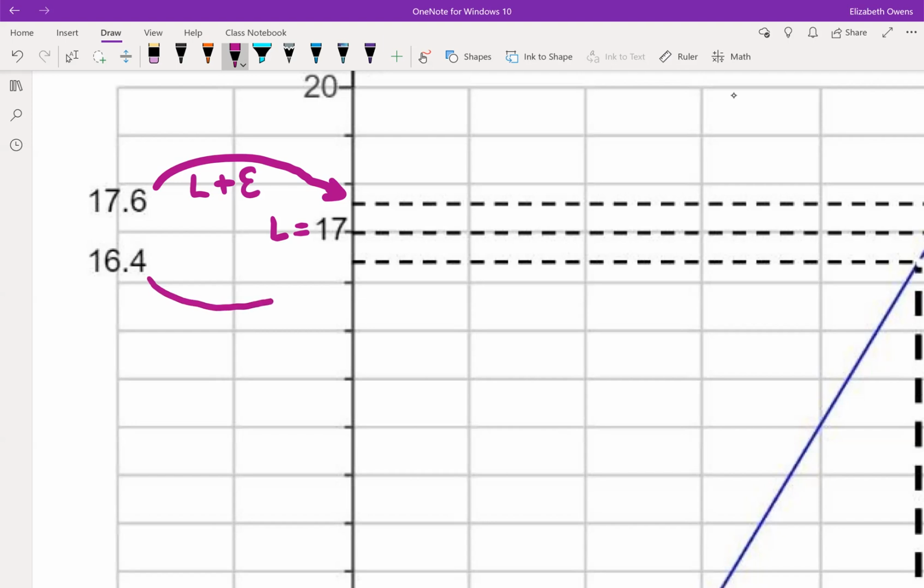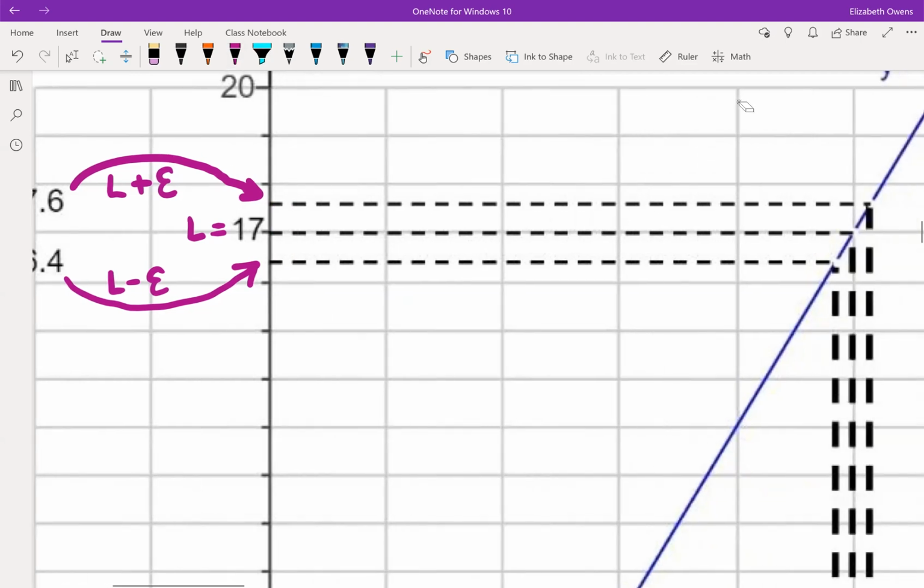Same type of thing along the bottom here, 16.4, that is L minus epsilon, 17 minus 0.6. Okay, so we want to find the delta value, the value for that x direction that will guarantee us to be within this interval of y values. All right, so let's go look.